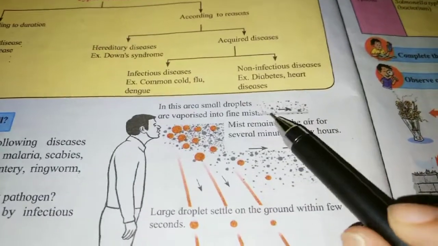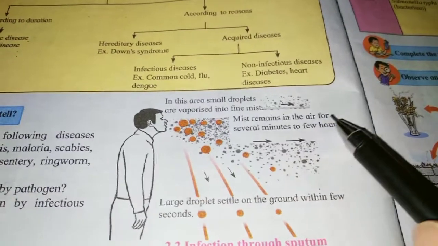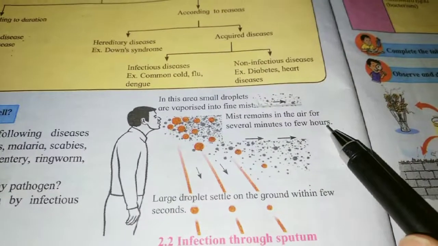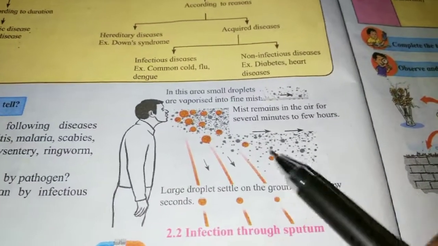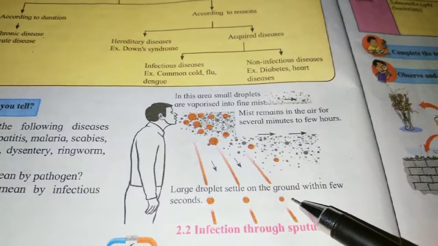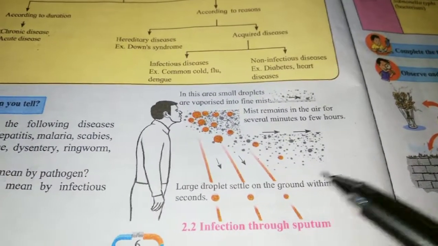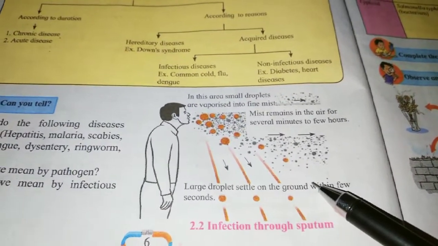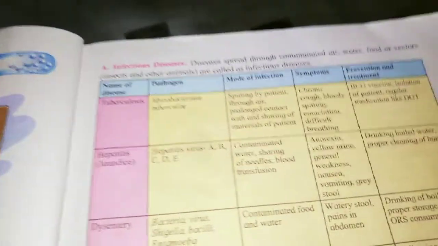In the second, the mist remains in the air for several minutes to a few hours. And down, large droplets settle on the ground within a few seconds. Come to the next page.